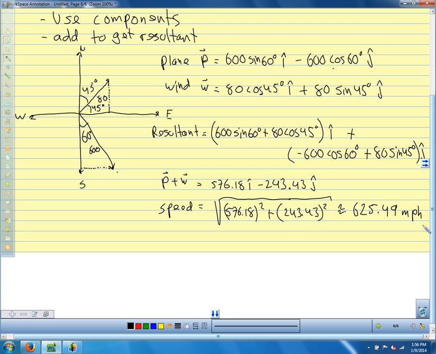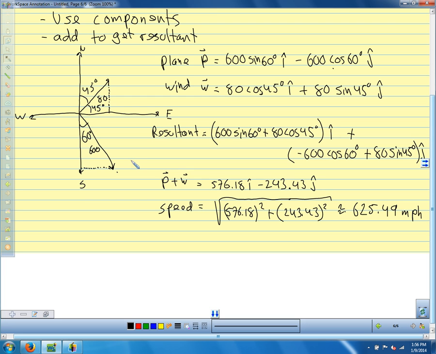Looking back at our problem, does it make sense that with this wind blowing, it would be going faster? It's always good to see if what you came up with makes sense. Laura says yes. Why do you think yes, Laura? Right, so this horizontal component is blowing in the same direction that the plane is moving horizontally.